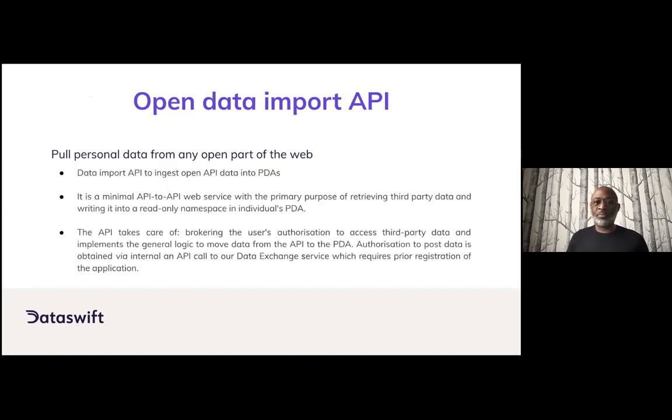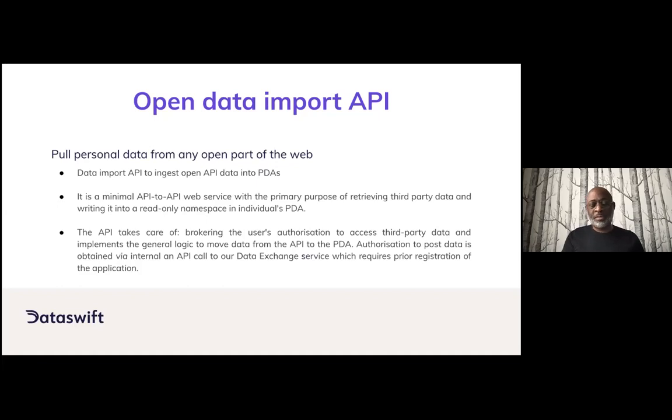The Open Data Import API, within the enterprise, within Dataswift, you might hear referred to as data plugs. They are essentially a very lightweight API that allows our services to request information from another web service.